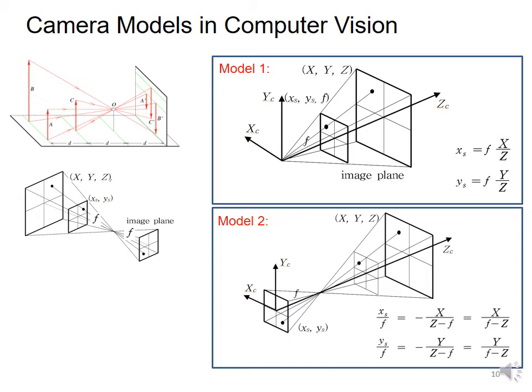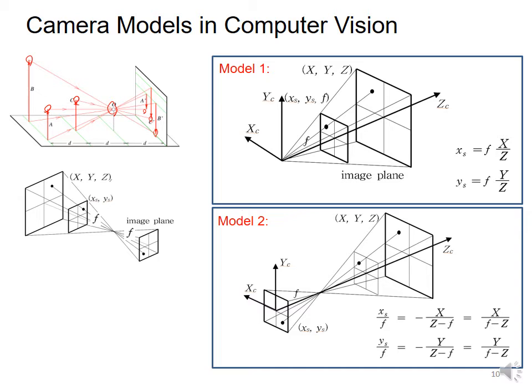There are several mathematical camera models in computer vision. Here are A, B, C points in the 3D world, and here is the center of the lens, and images of points A, B, C are A dash, B dash, C dash in the image plane.